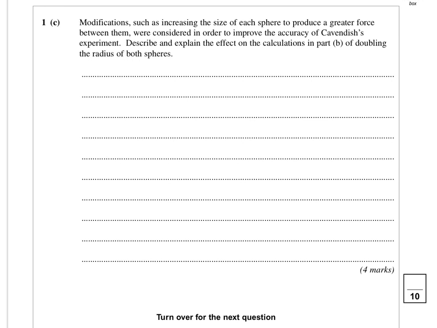So the first thing is the mass is proportional to the radius cubed, so timesing r by 2 implies you're timesing the mass by 8 because it's 2 cubed. And the force is inversely proportional to the distance squared, so times 2r means that is times by 4.